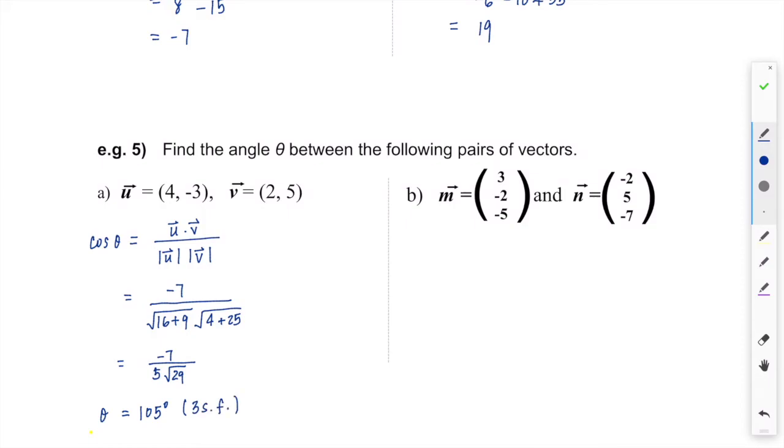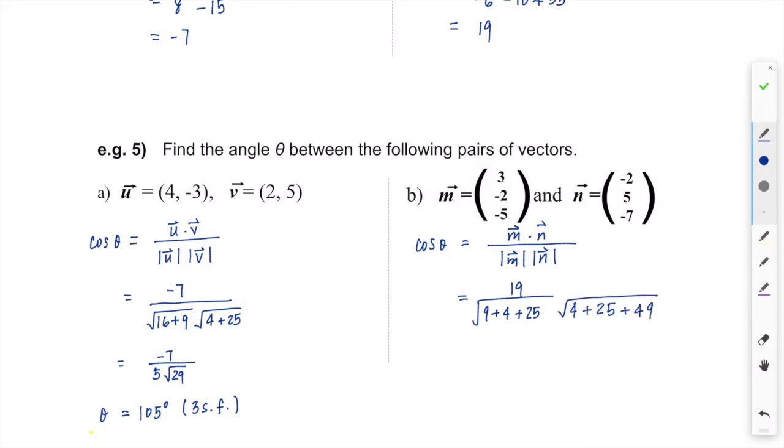Similarly, in 3 space, we have cos theta equals m dot n over magnitude of m times magnitude of n. The dot product is 19. For the magnitudes, we have 3 squared, 2 squared, 5 squared for m, and then 2 squared, 5 squared, 7 squared for n.